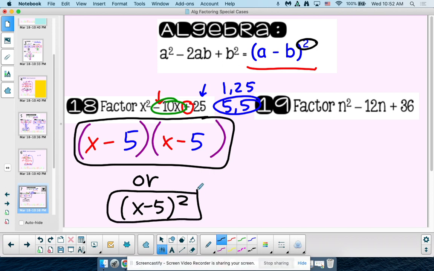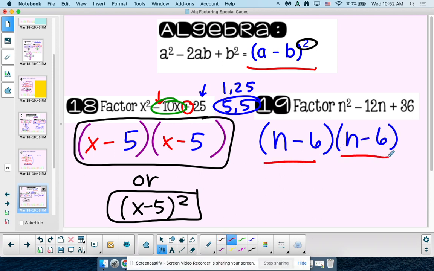I think you should pause the video. Try this last one on your own. It's kind of nice, another easy softball. Okay, I hope you tried it. I hope you ended up with an answer something like this. N minus 6, N minus 6. Again, let's go through the process of checking it. I did get the same thing, so again, that's why I get that squared. So I check that off correctly.